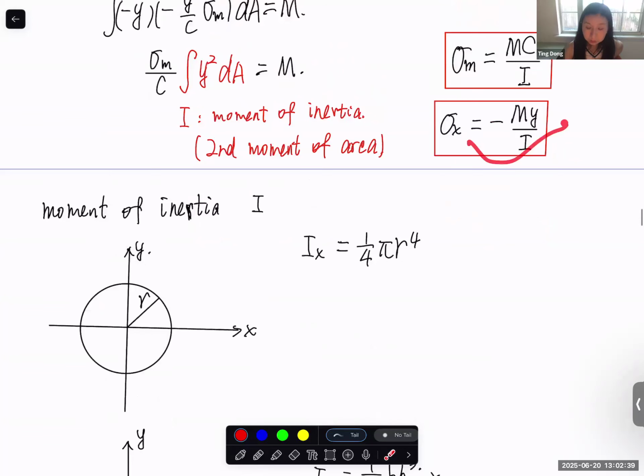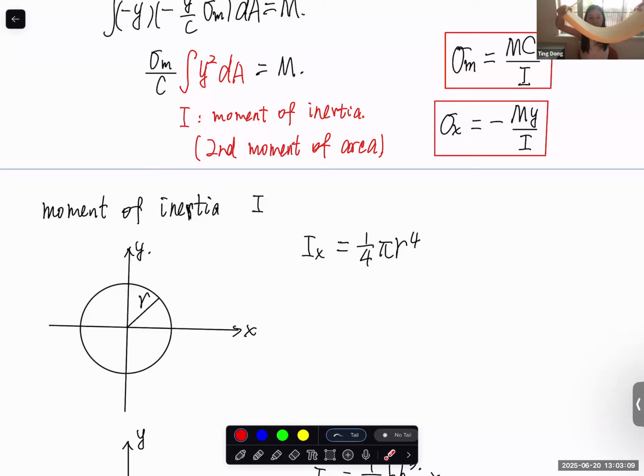So let's talk about this equation a little bit, because this is an equation you will probably use over and over again. Let's assume it's a positive bending moment, and it's a point above the neutral surface, which means that y is positive. Then you will have a negative normal stress, which means compression. This is the positive bending.